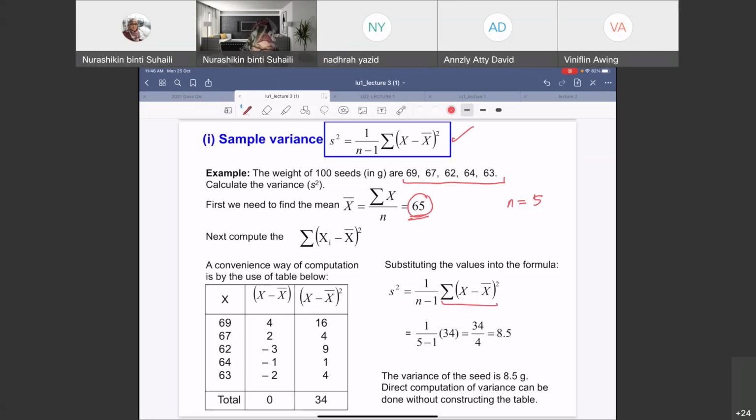You have to find this: 69 minus 65 squared, plus 67 minus 65 squared, each of these, plus until 63 minus 65 squared. The whole value here is 34. So that's how you apply the formula and you get this value.